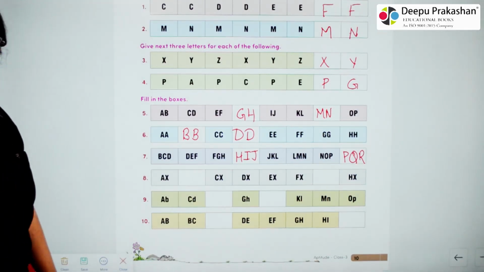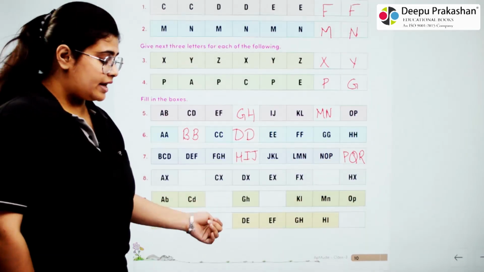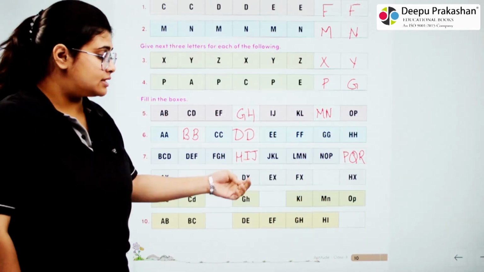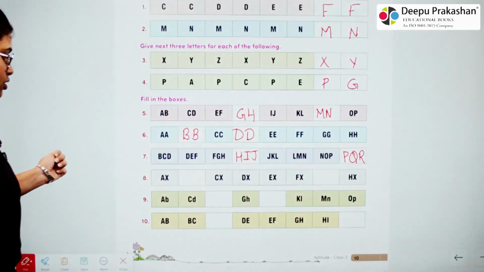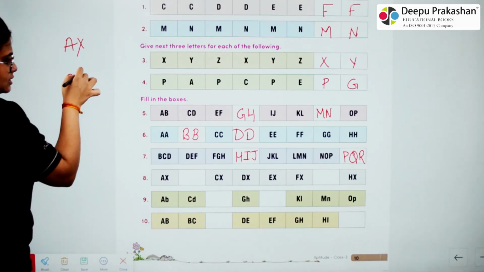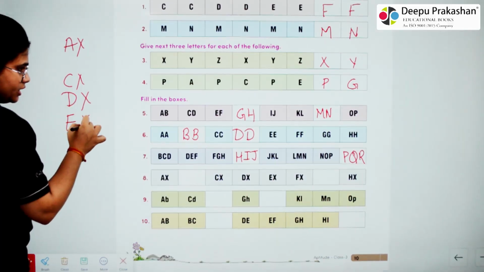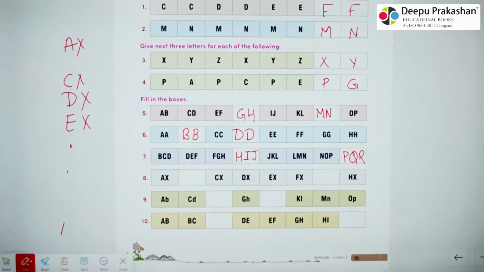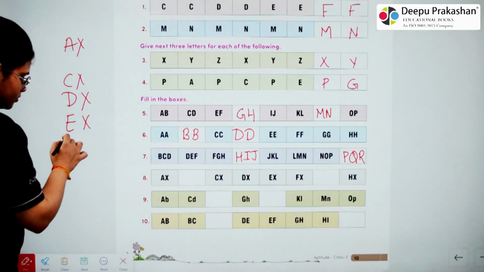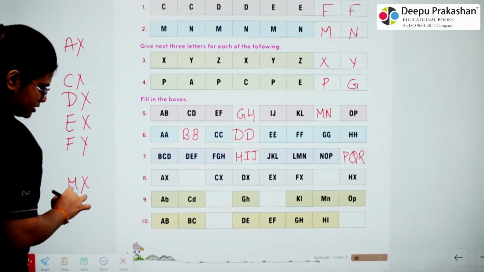Eighth one, we are given AX dash CX DX EX FX dash HX. So here the pairs are AX, CX, DX, EX, FX, HX.